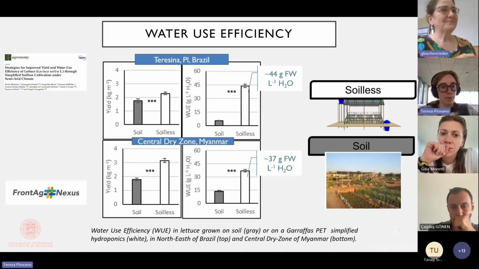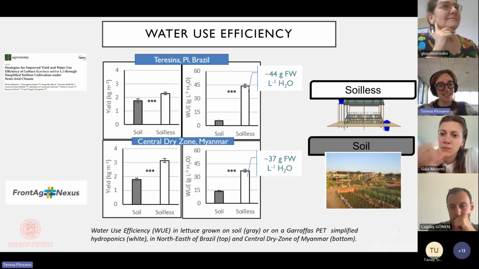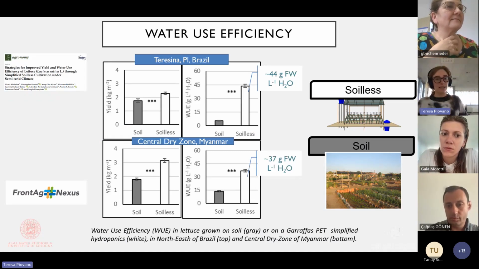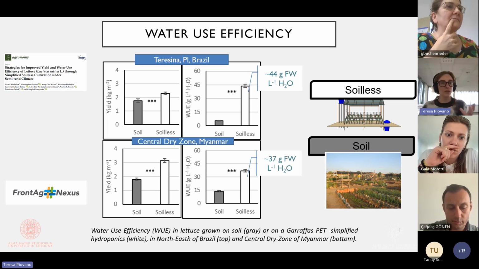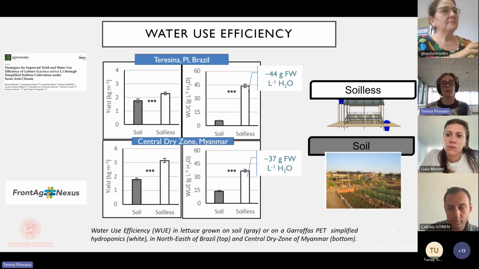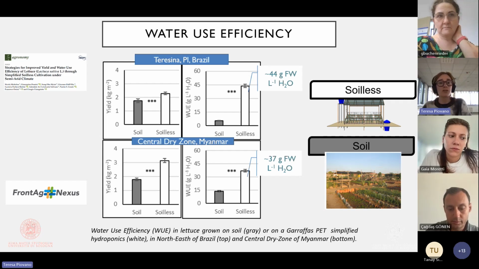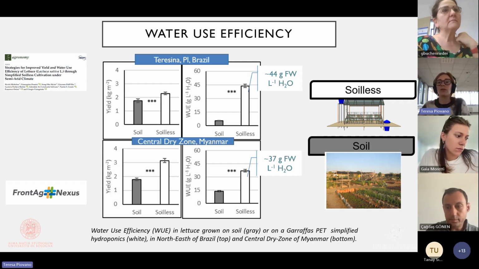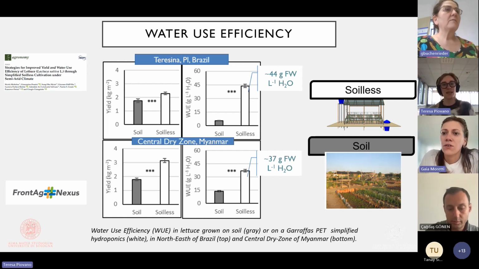This is just an example, but I think it was useful to show you, because it can be applied also in this project to evaluate and compare different types of production and to see the sustainability in terms of water use, for example, but also on the economic side.